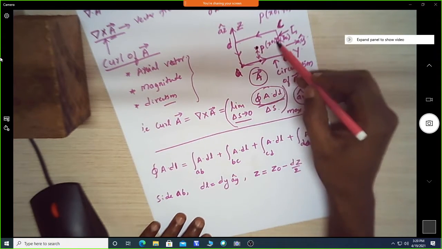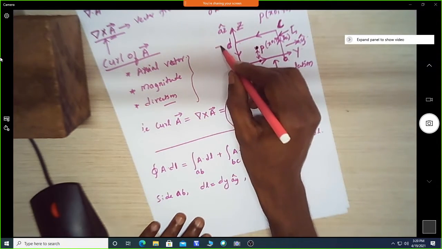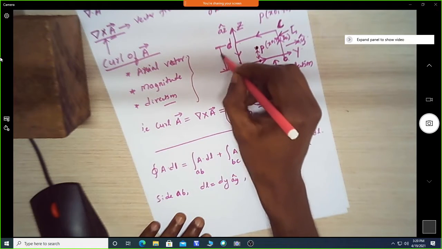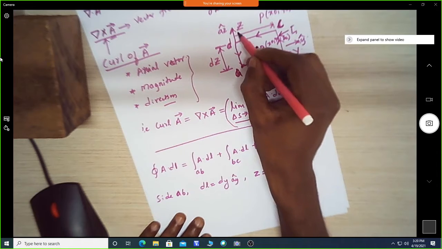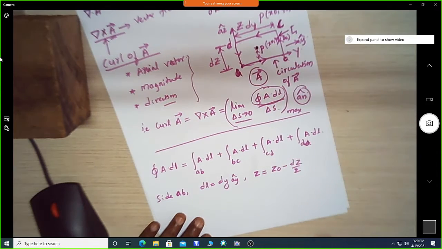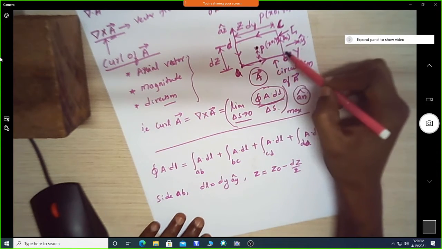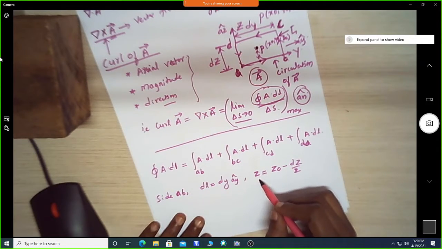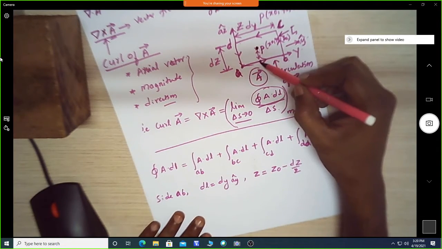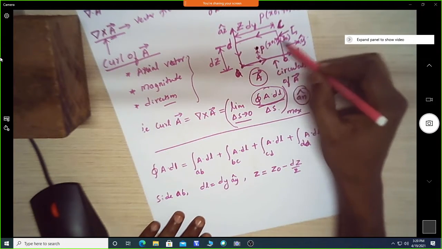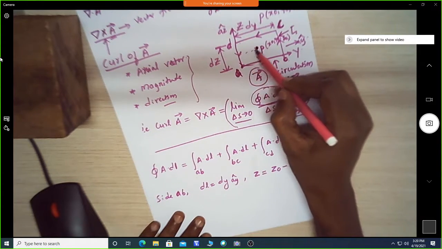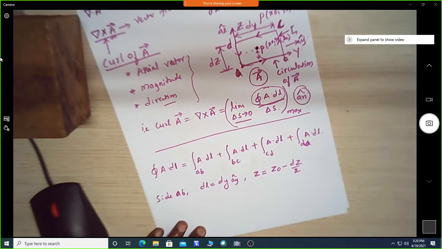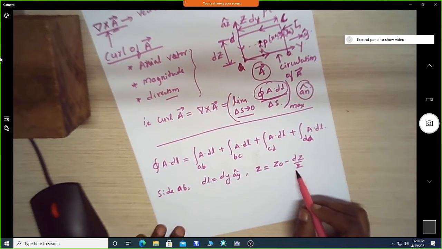This is the value which is varying in the z direction. This is dz, and similarly here this is dy. If I take a point on this line and consider it as z, the distance between this point z and z naught is minus dz by 2, because it is exactly at the half of the plane.